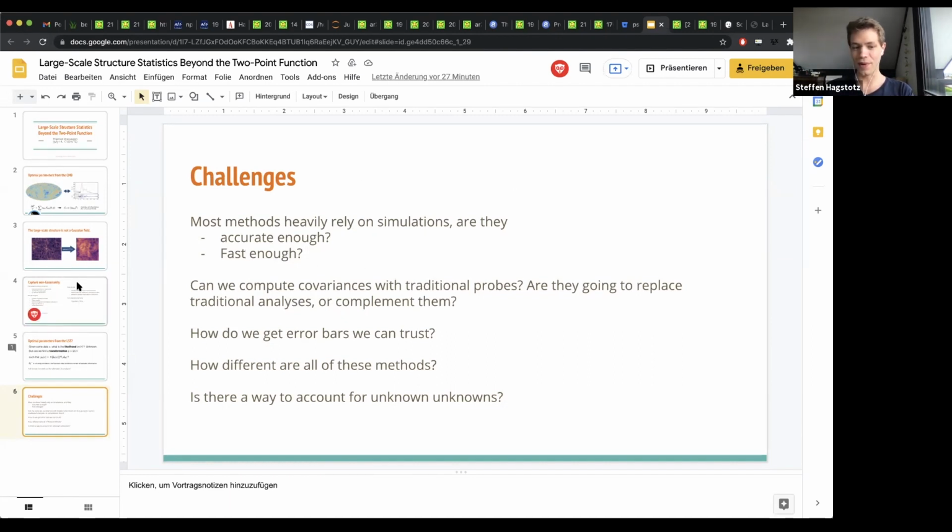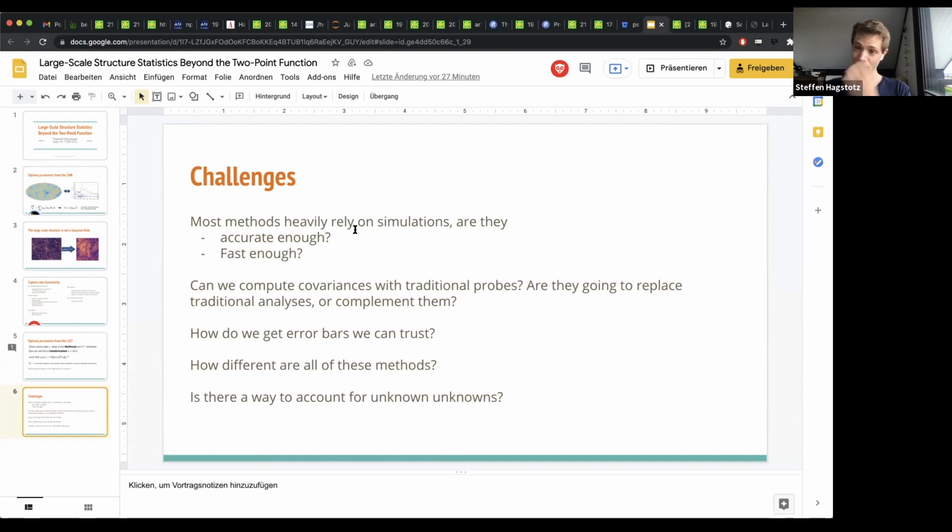So the question is basically, we all know that on some scales our simulation will be wrong. But how does this propagate to the thing we are interested in? And for some of these probes, it can be very difficult to actually estimate that because they couple scales in very weird ways. Right.